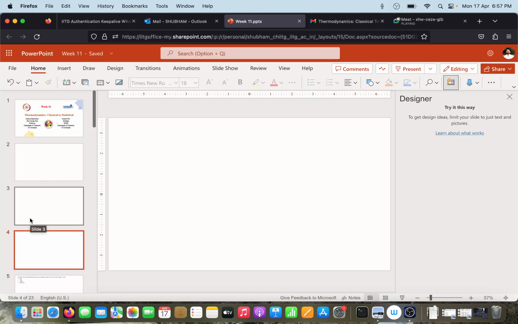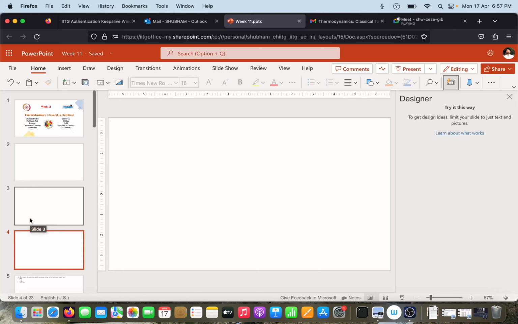Temperature of transition is 273 Kelvin. Divide 6000 by 273, which gives minus 21.98 joule per Kelvin per mole. This is delta S2, and this is delta S1.